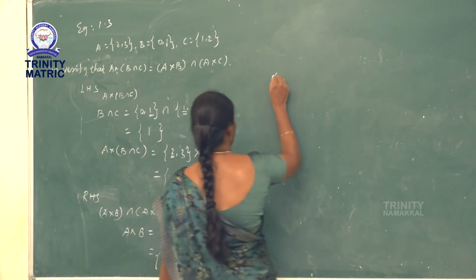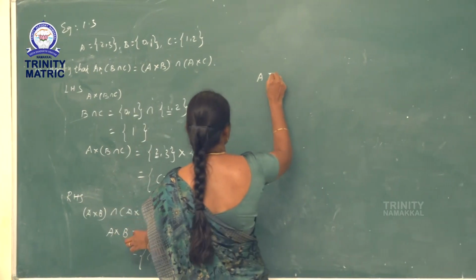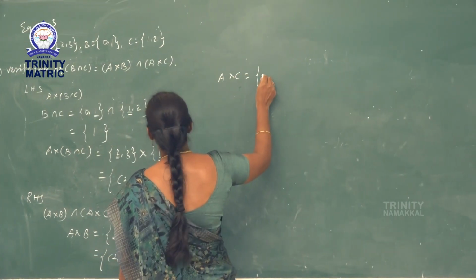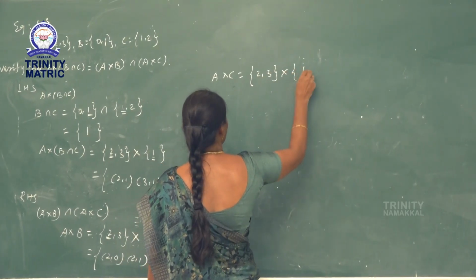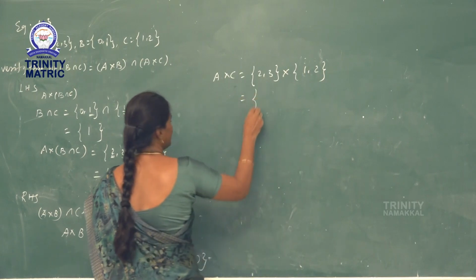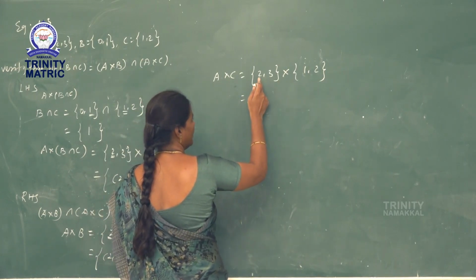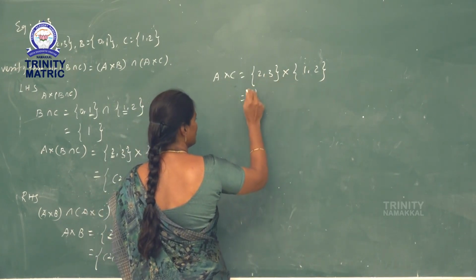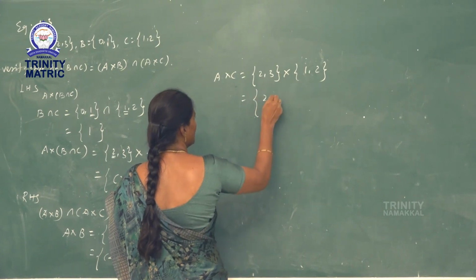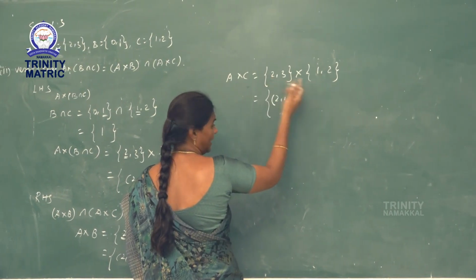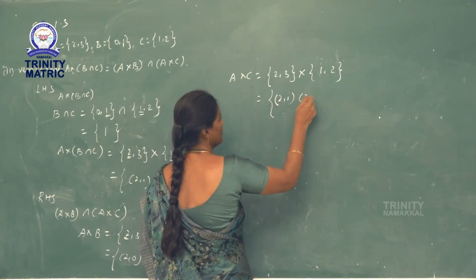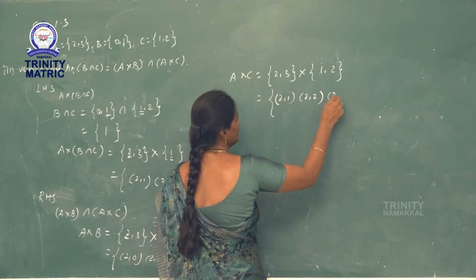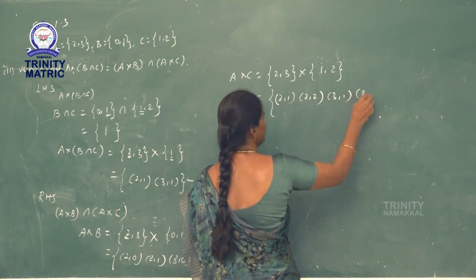Then we take A cross C. The set A is {2, 3} cross {1, 2}. We do the Cartesian product and write the ordered pairs: first 2 comma 1, then 2 comma 2, then 3 comma 1 and 3 comma 2.